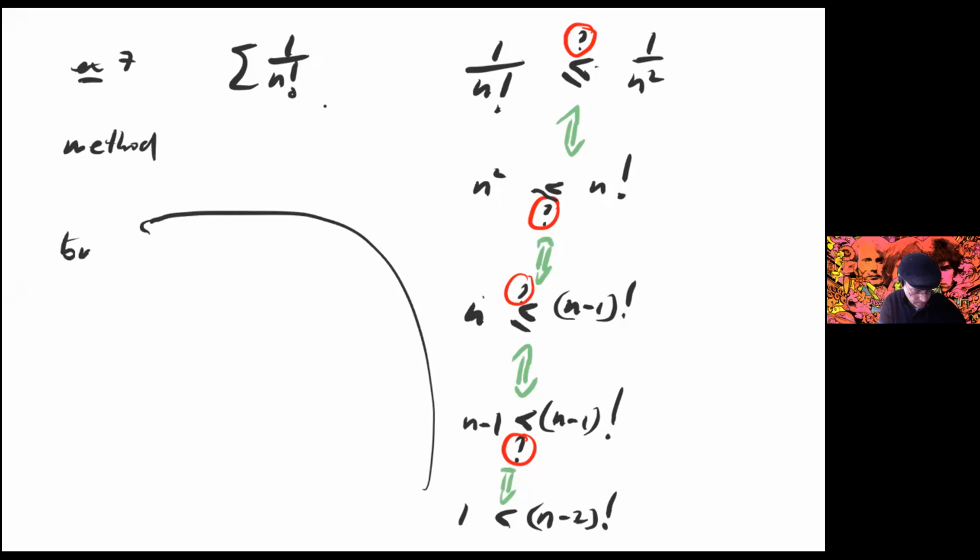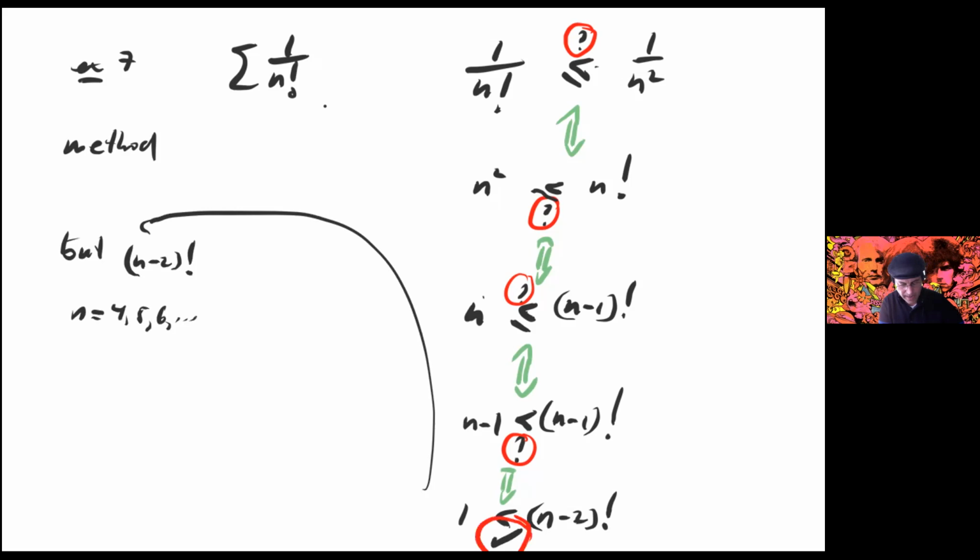If n equals 2, 2 minus 2 factorial is 0 factorial, that's 1. If n equals 3, 3 minus 2 is 1. If n equals 4, 5, 6, etc., then this inequality holds.